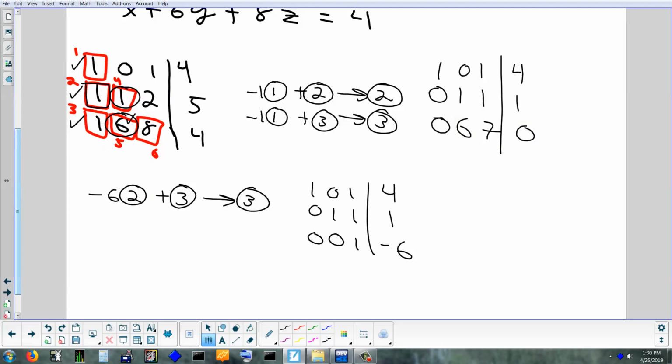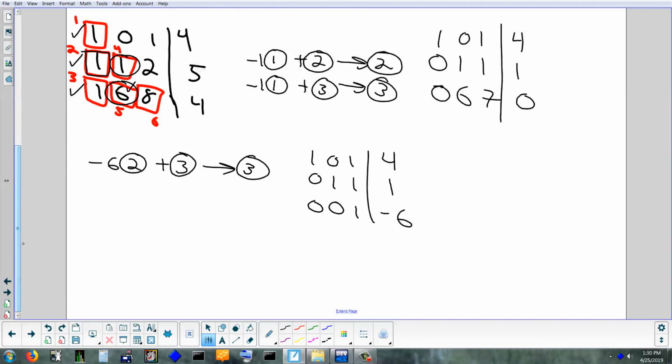Now step 6. What number do I want in the lower right-hand corner of my matrix? A 1. What do I have to do to this matrix to make that number a 1? Nothing. It already is. So what does that last row tell me? It tells me technically 1z equals negative 6. There's your first answer.